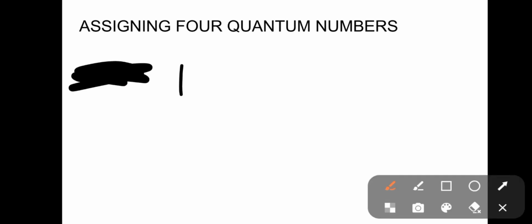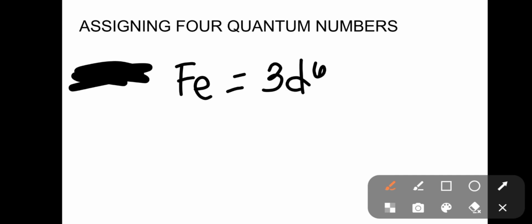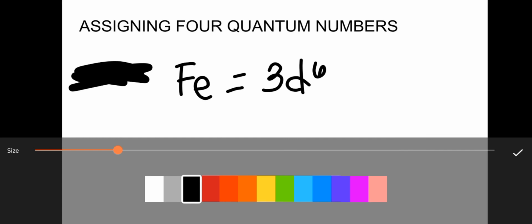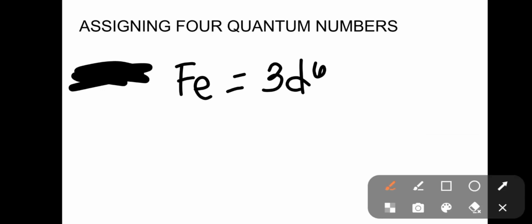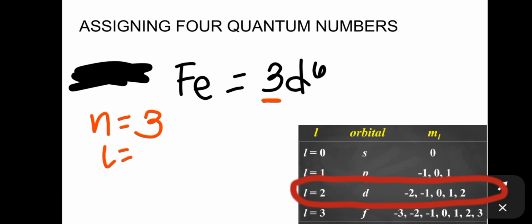Now, let's have another example. Let's try the iron, 3d6. Ayan. Yan na yung given natin. Now, let's try to find the value of the quantum numbers. Unahin natin yung letter n. Ang value ng n ay 3. Ang value ng L ay, since letter D yung ginamit natin, ano ba yung equivalent ng orbital?